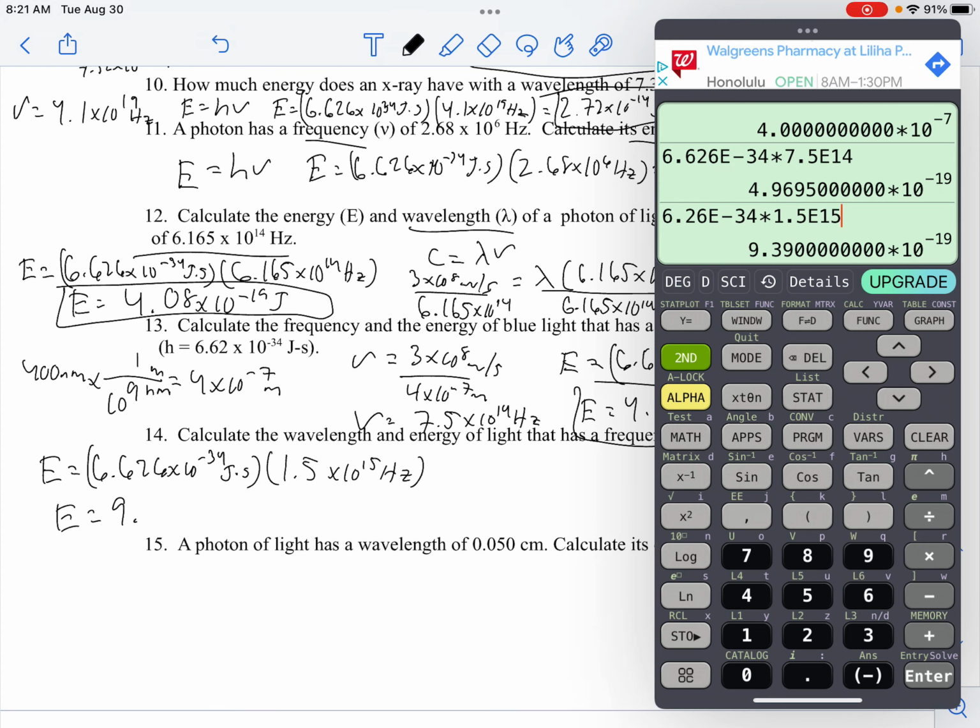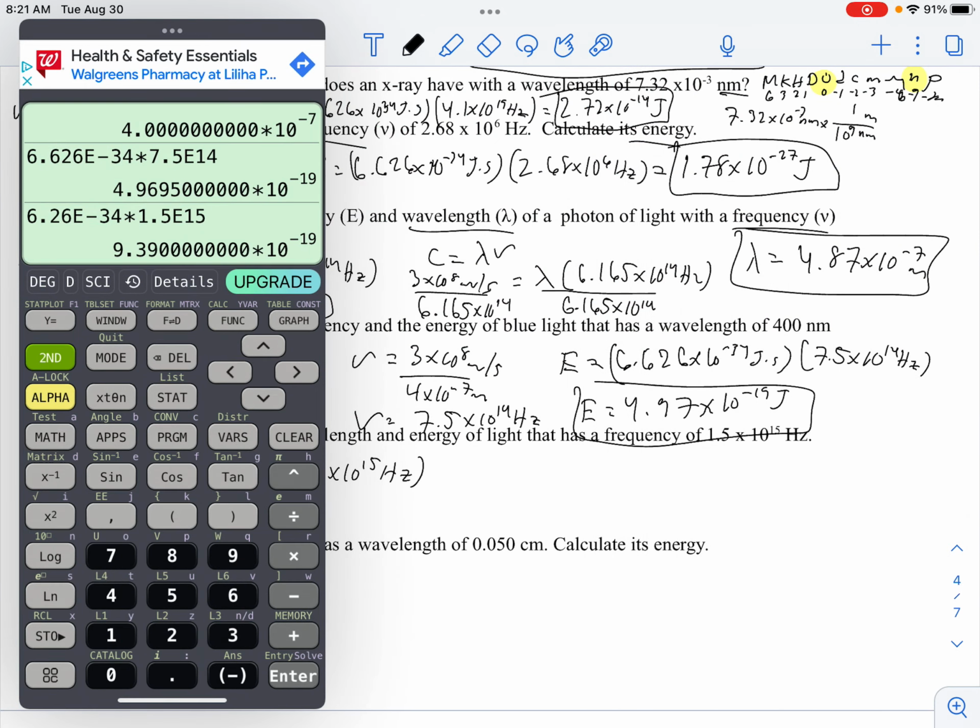Energy is equal to 9.39 times 10 to the negative 19 joules. Then I want to find the wavelength. 3 times 10 to the 8 meters per second is equal to wavelength times the frequency. I want to isolate lambda, so I'm going to divide by 1.5 times 10 to the 15 to get lambda by itself.